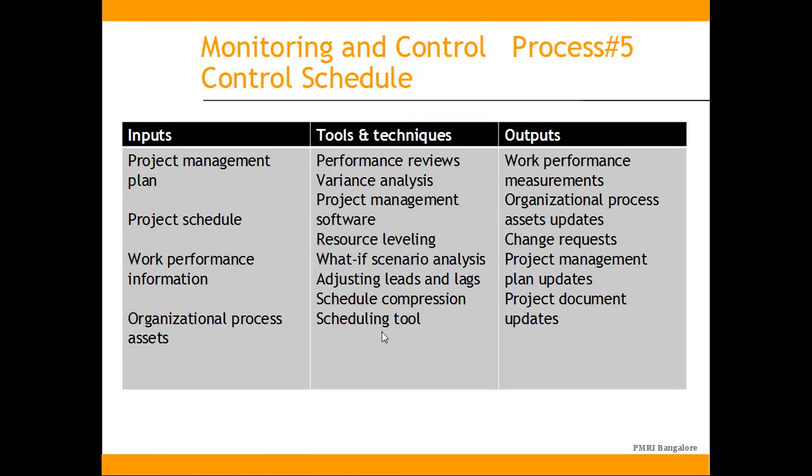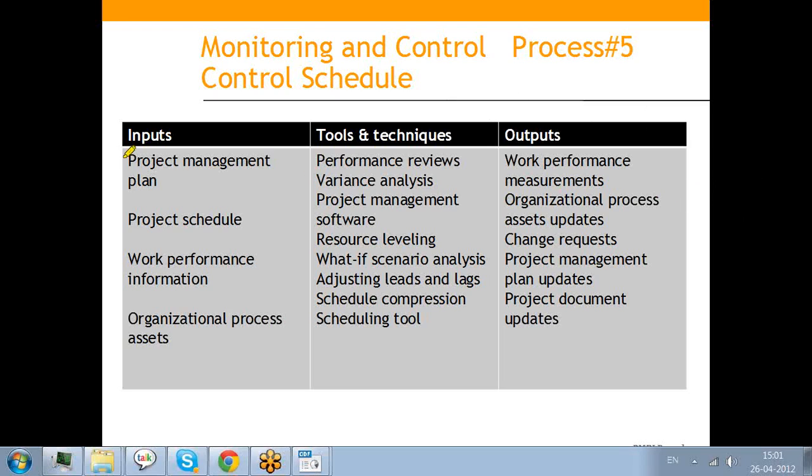Then comes controlling the schedule, that is process number 5 under monitoring and controlling. On the input side, again, it is the project management plan, project schedule, work performance information, and organizational process assets, and the tools and techniques are performance reviews. During earned value management, we discussed SPI, CPI, SV, the schedule variance, cost variance, and estimate at completion.